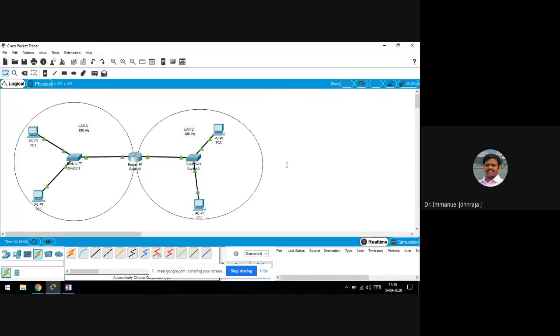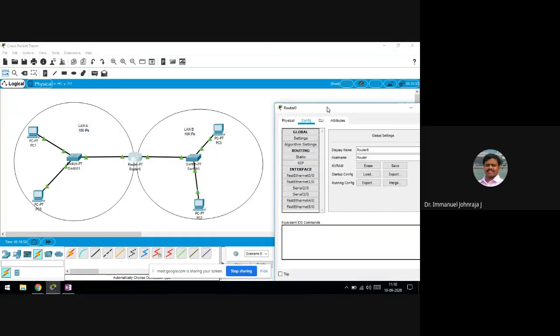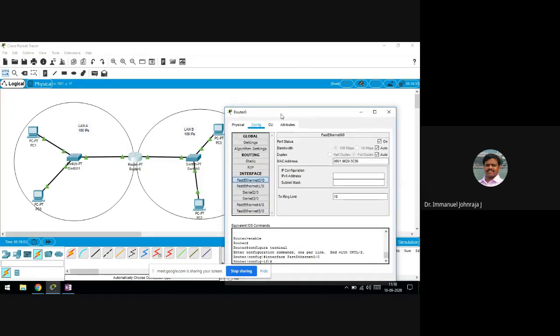Probably I will demonstrate using this Packet Tracer screen as well. I go to the router screen. The router has at least two interfaces. One of the interfaces is FastEthernet 0/0, and I'm giving the IP given to us, 192.168.1.50, and the mask is this, right?